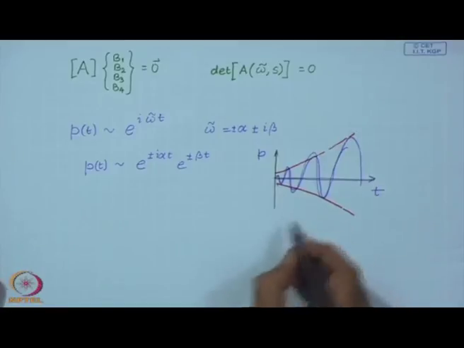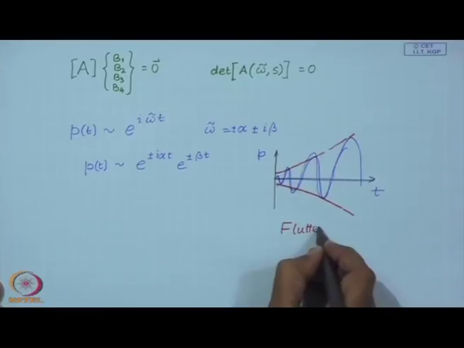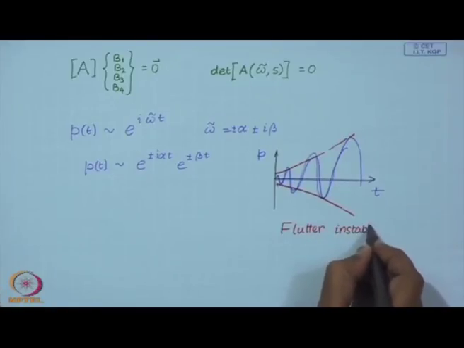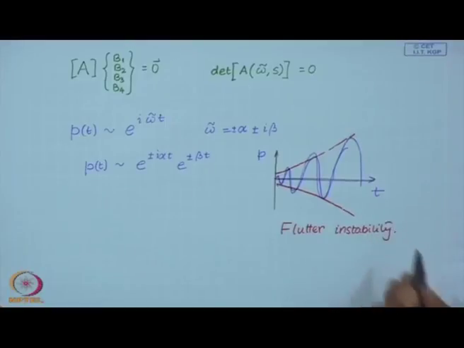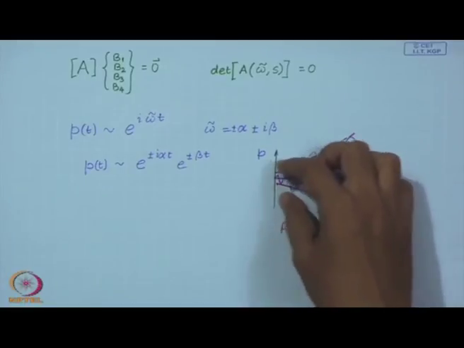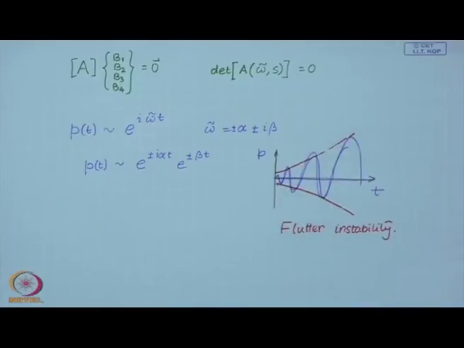This kind of behavior is known as flutter. And we observe flutter instability in beams with follower force. So, there is a fluctuation with exponentially varying amplitude.